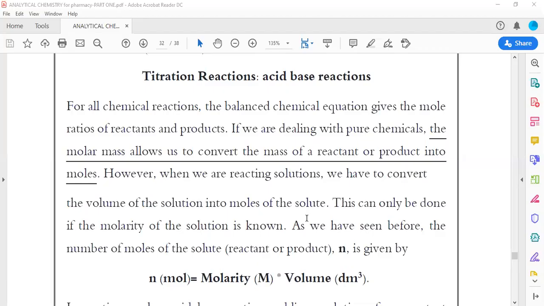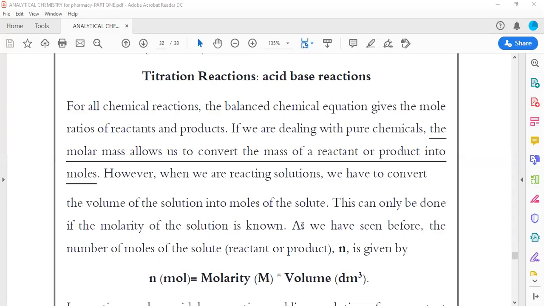Right. So if we are dealing with pure chemicals, the molar mass allows us to convert the mass of a reactant or product into moles. I think we did this before, and you might remember how to convert. It's very important in analytical chemistry, and in general in chemistry, to know how to convert mole to mass or mass to mole.